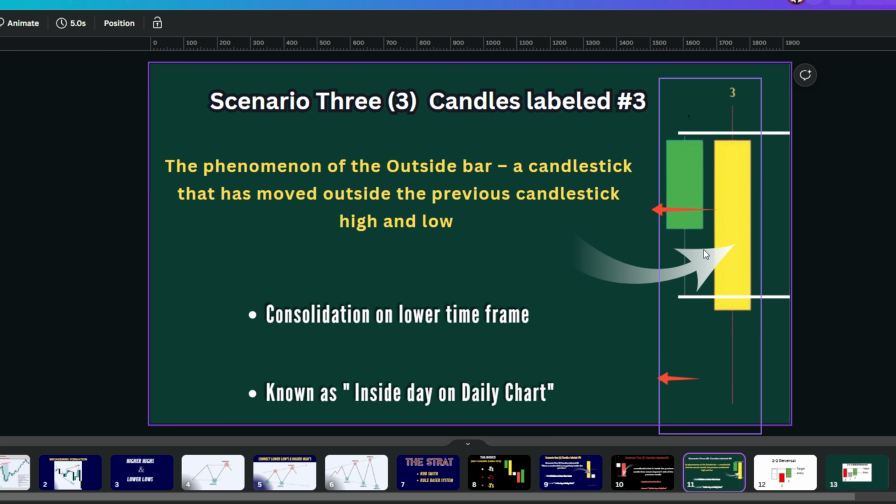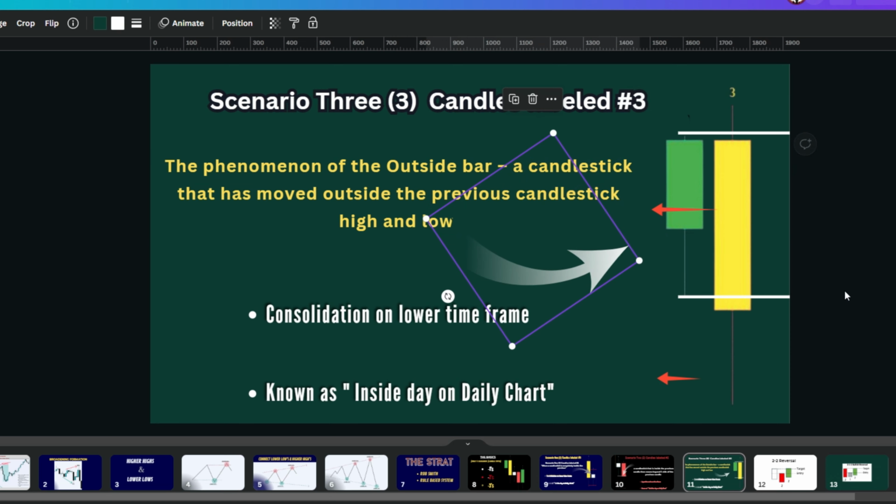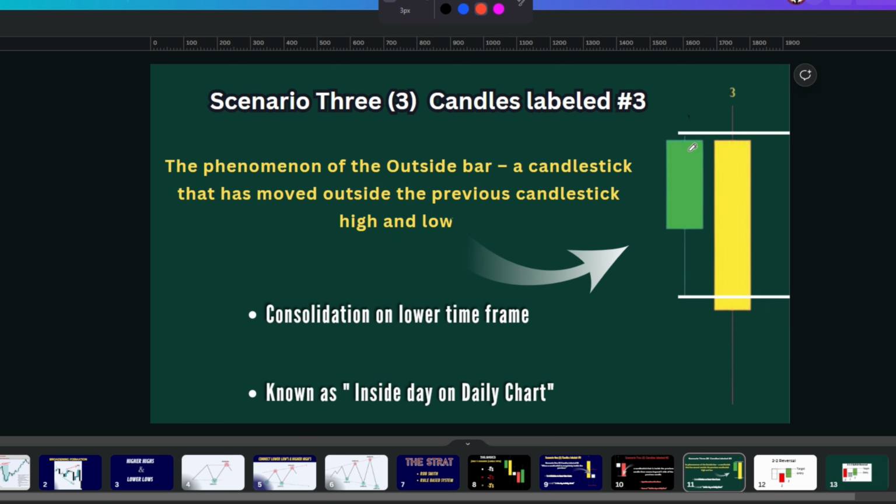Ba-bam! So that's what that is there. Let me move this out the way. So you can see here you have this green candle, but then the yellow candle breaks the low. It breaks the high. This is a higher high, but a lower low. Connect those two, you have a broadening formation.